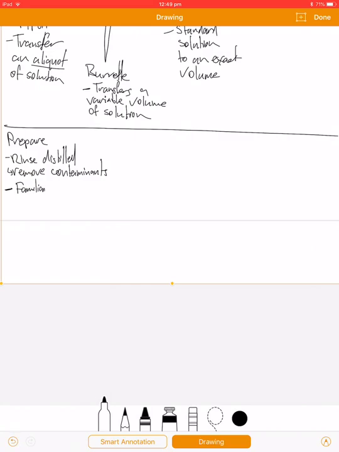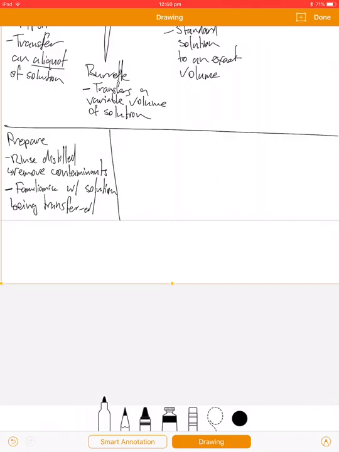So we're going to familiarize it with the solution being transferred. And why? Because as we said, to remove residual water there, to make sure that our results are accurate, we don't want to dilute our solution being transferred in there with water.